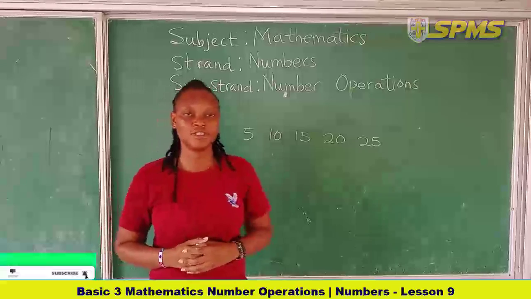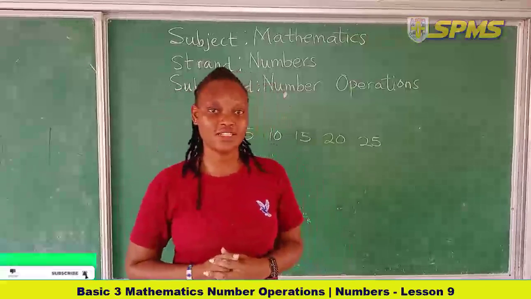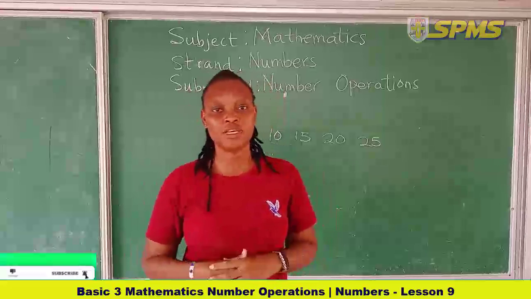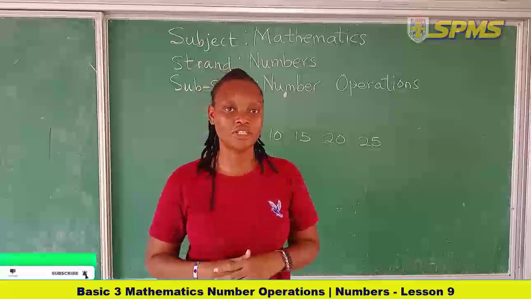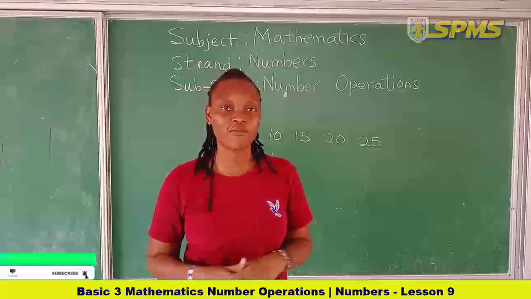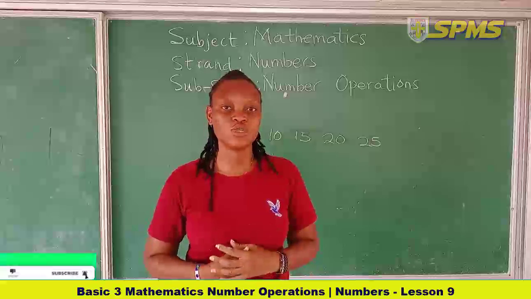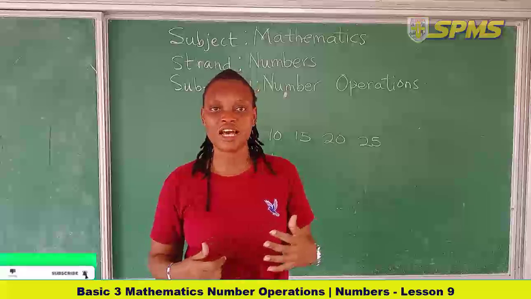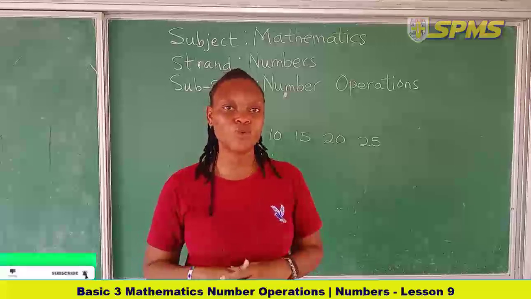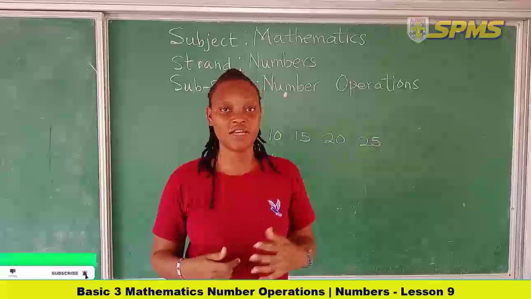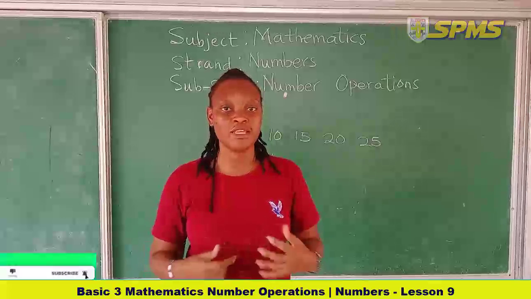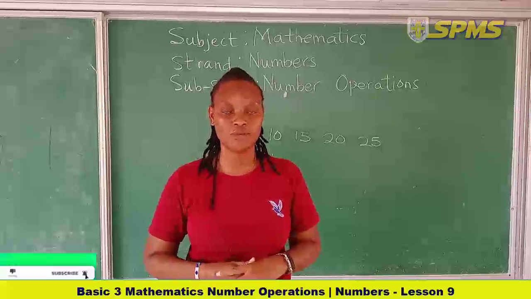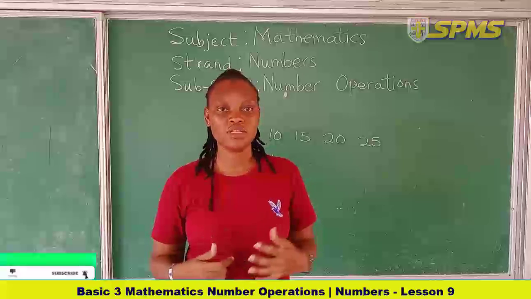Very good. Children, what have we learned today? Today we've looked at multiplication and the number operations. We've looked at how to solve multiplication sentences using the rectangular arrays, the vertical line, and then the horizontal line in finding answers for multiplication sentences. And then we looked at skip counting and multiplication.